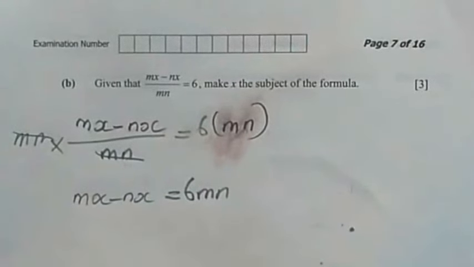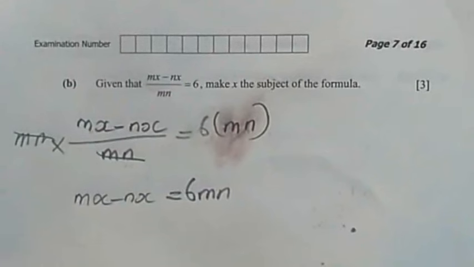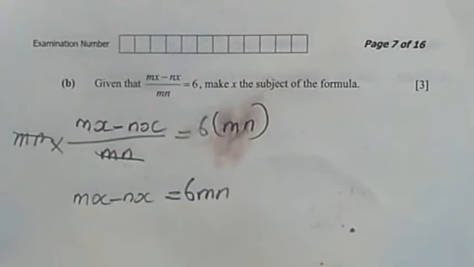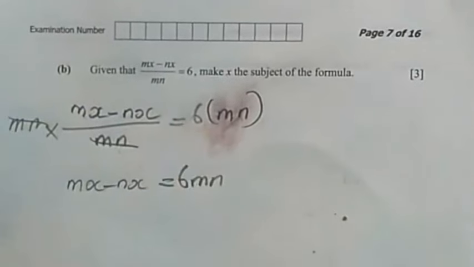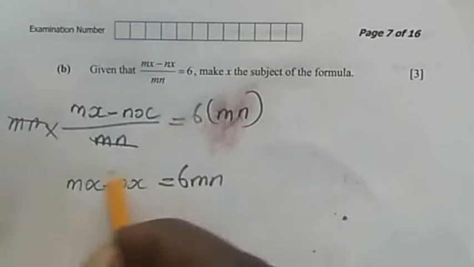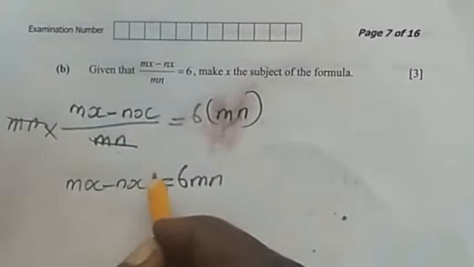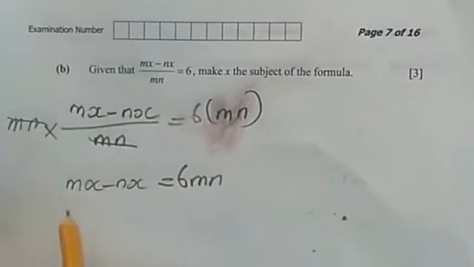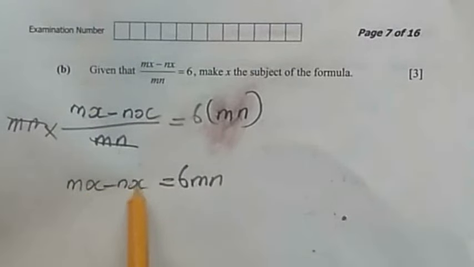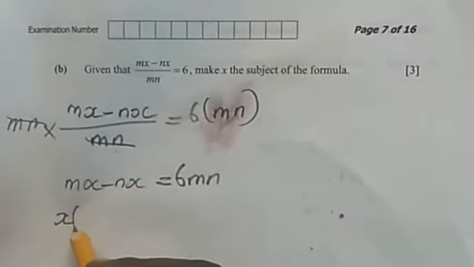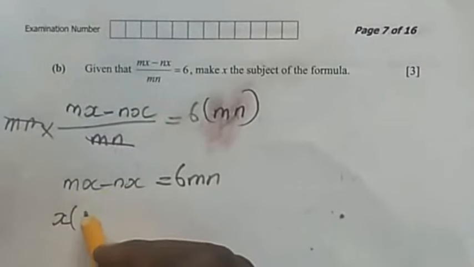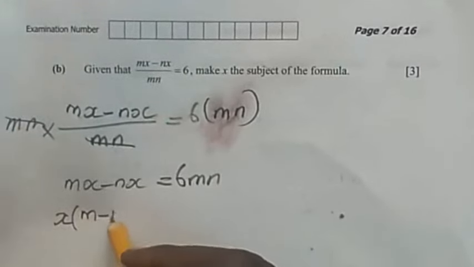Now remember, I want to make x the subject of the formula. So we come to this side, because that's where x is. How can we get rid of this? What we can do here is factorize. As you can see, we have got x here, and this term has got x, so we can write x, open bracket, m minus n.